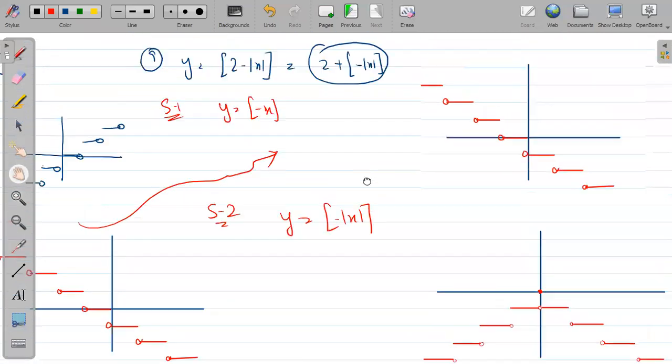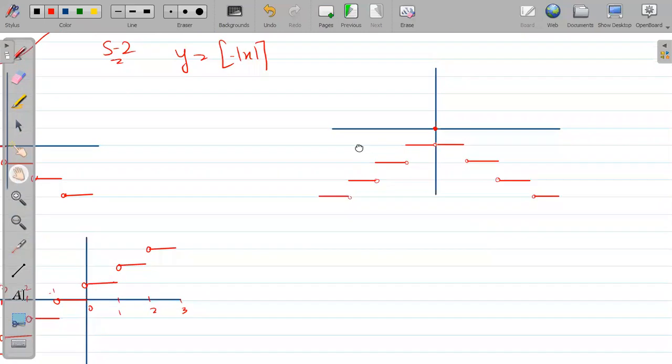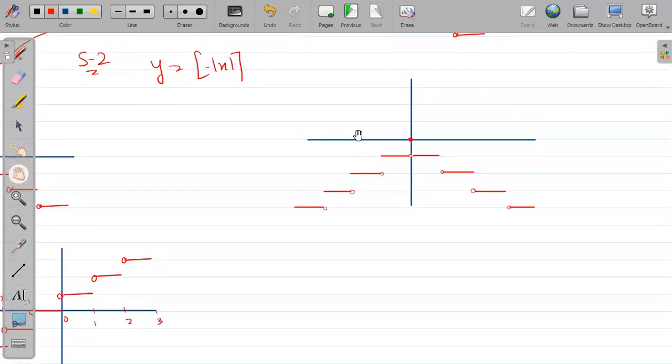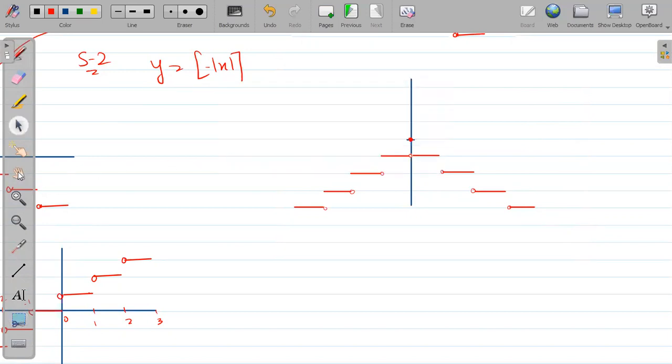This is the graph. Now you have to put what? Plus 2. Just hold the graph and shift it by 2 units. Can't you shift it? Yes, we can shift it. See what kind of graph comes. Just hold this graph by shifting 2 units, so you will get some graph. What is step number 3 I am writing?